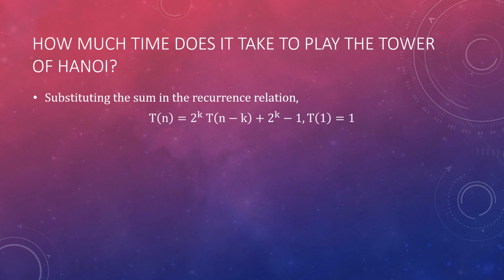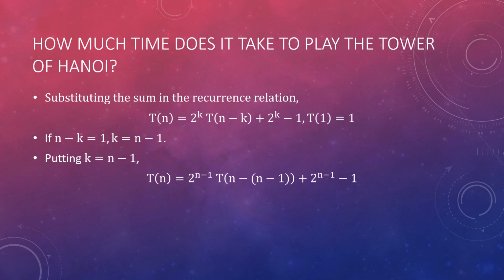The base case is T1 equals 1. If n minus k equals 1, then k is n minus 1. So putting k equals n minus 1, Tn is 2 raised to the power n minus 1, Tn minus n minus 1 plus 2 raised to the power n minus 1 minus 1.